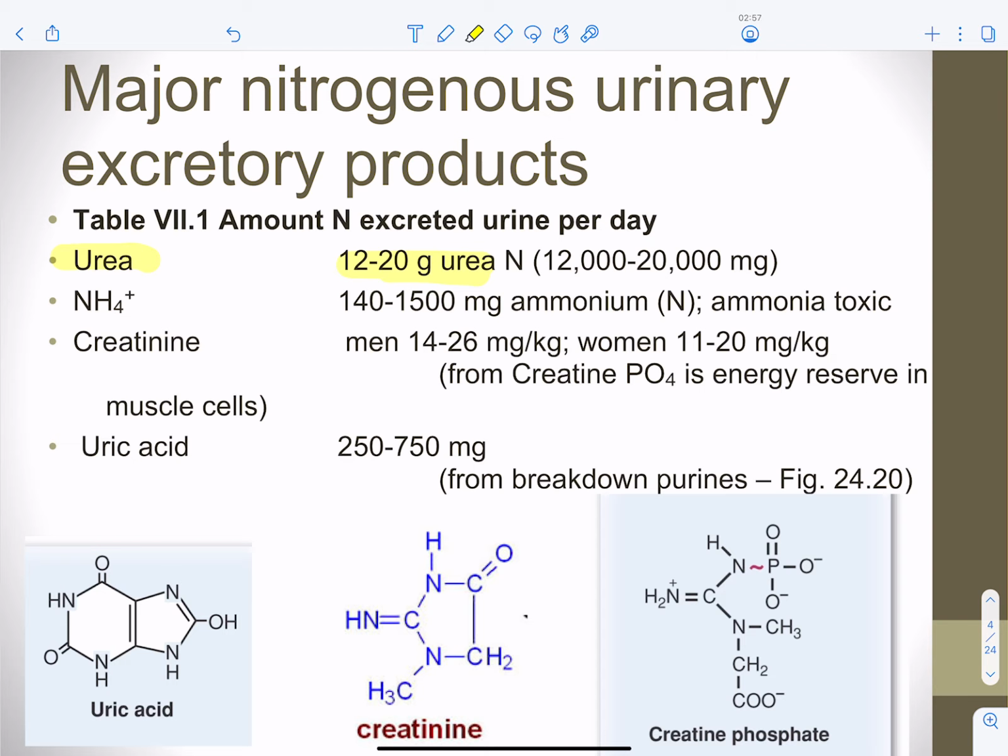We also have creatine phosphate, which is reserved energy, and you break down your nitrogen to form creatine phosphate. We also have a breakdown of purines. We'll talk about purine and pyrimidine metabolism in a future lecture, but breakdown of purines is also going to release nitrogen.